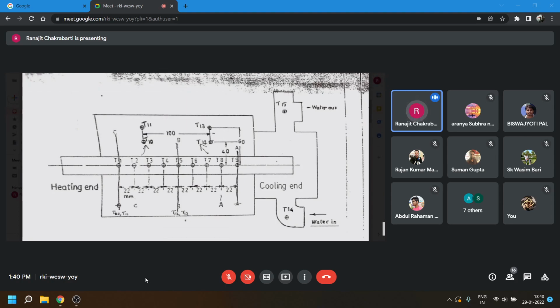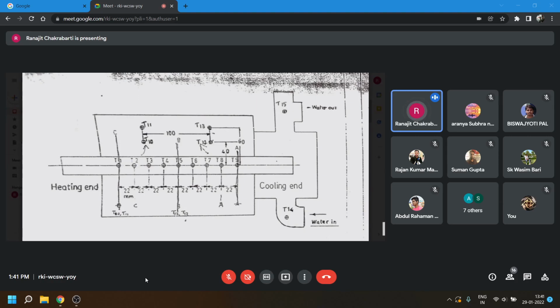When the temperatures are changing, it is the transient state, so we are not taking the reading. When the temperatures have attained a constant value, then only you will say that the steady state has been attained. Then only we will record.